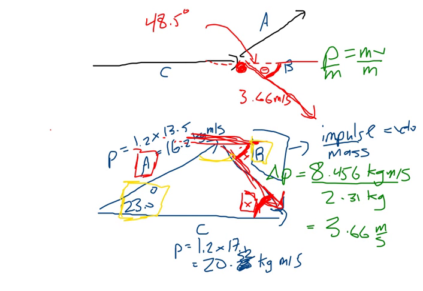So my final answer is this thing was traveling 3.66 meters per second. It was going mostly east, and it was going 48.5 degrees towards the south. You guys seen that kind of notation there? It's going mostly east, but it's offset by 49 degrees south.